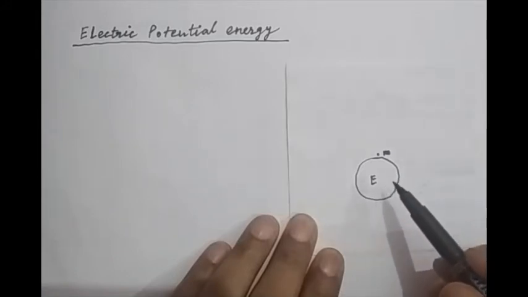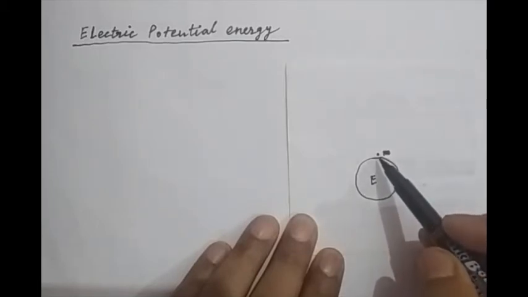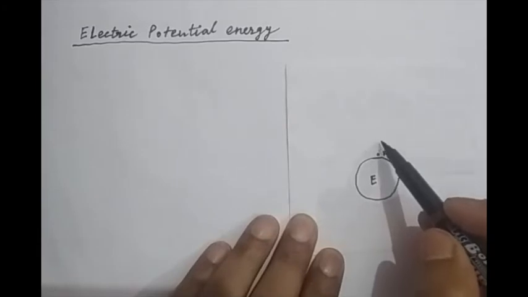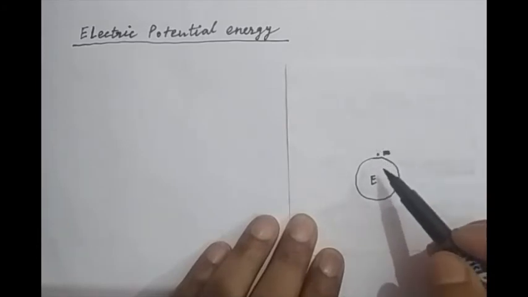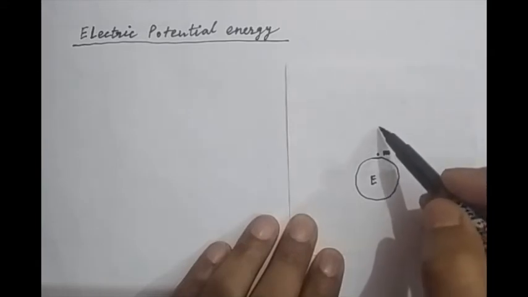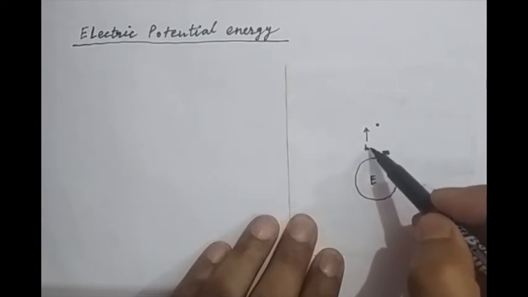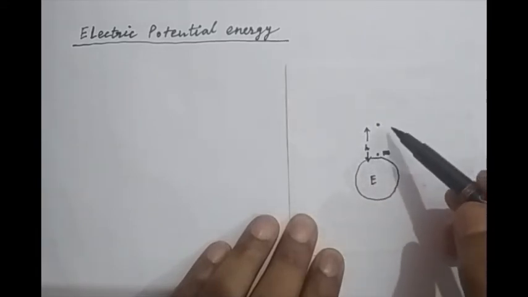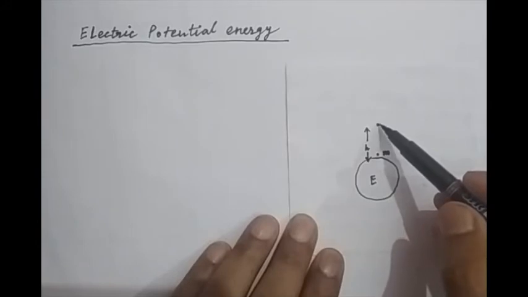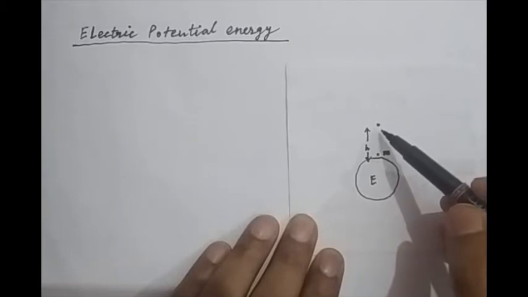If we change the position of the particle, suppose it is raised up to a height h, work has to be done against gravity and potential energy of the object increases. If we release the object, that is, when the external force is removed, it starts moving towards Earth, its kinetic energy increases and potential energy decreases.